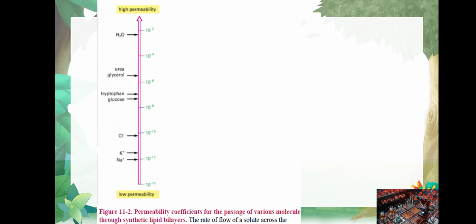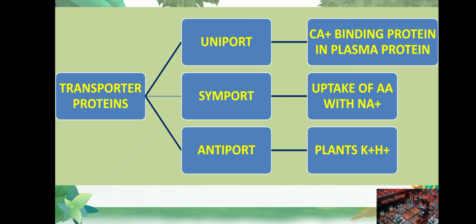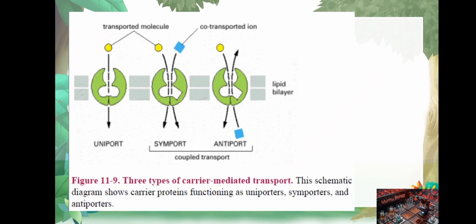So regarding permeability, you can see in the graph that water is highly permeable, and the charged particles, that is ions, are not permeable. So we can categorize the transporter proteins into uniport, symport, and antiport. Probably you know this.